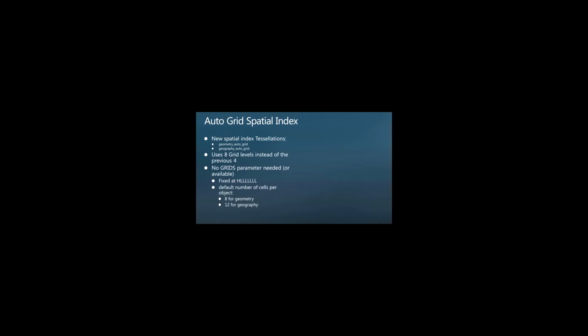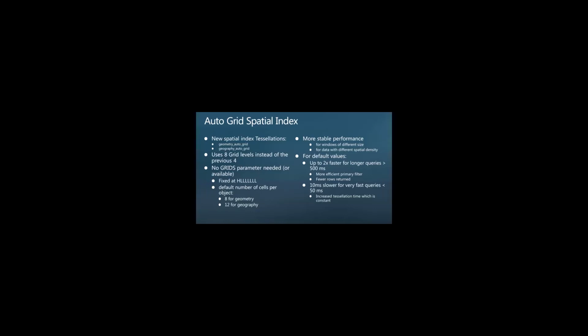We just have it fixed at a specific setting, with a default number of cells per object for the index that you can still override. The reason we introduced this index is that it gives more predictable and stable performance for windows of different sizes and for data with different spatial properties. For the default values, we are often up to 2 times faster for longer queries.